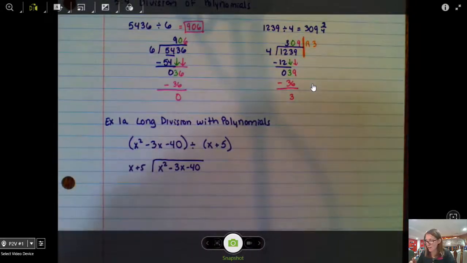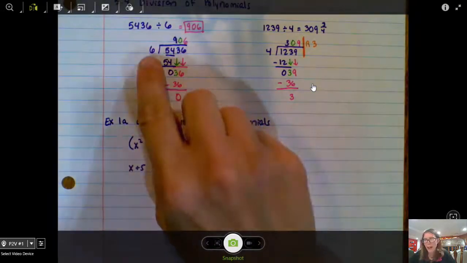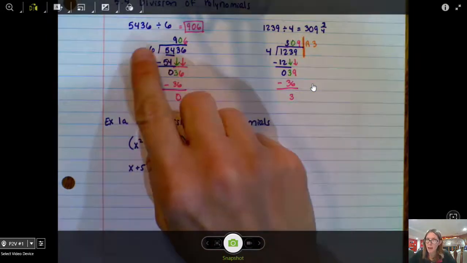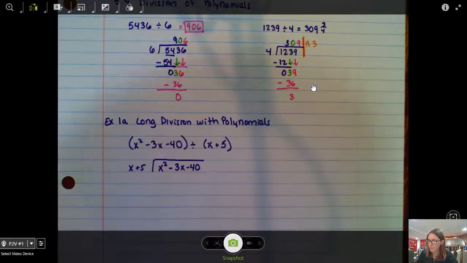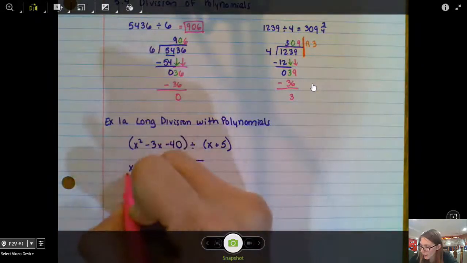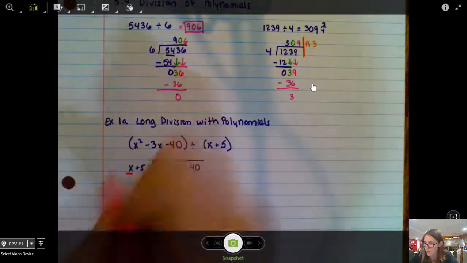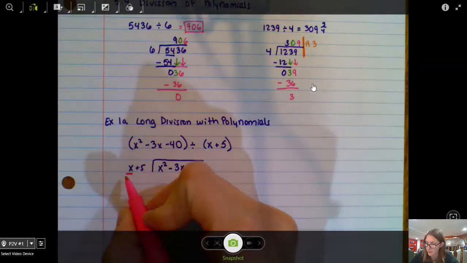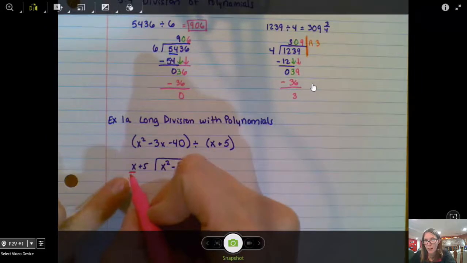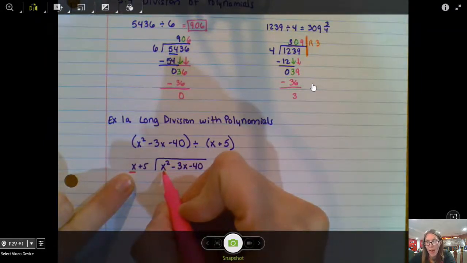Now, I started off thinking, how many times does 6 go into 5? Okay, how many times does 6 go into 54? Same idea here, but we really just want to look at this first part. I really just want to look at my x, whatever your highest power is at the front. And think about, okay, how many times does x go into x squared?